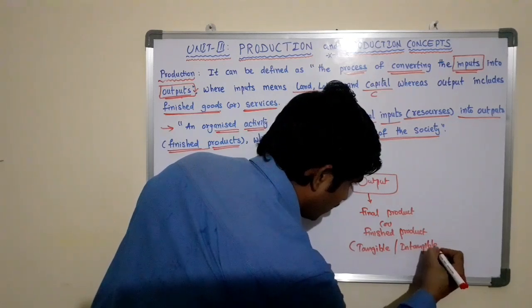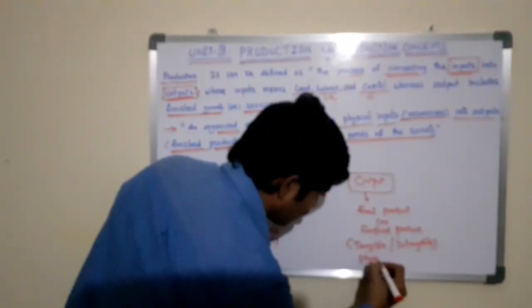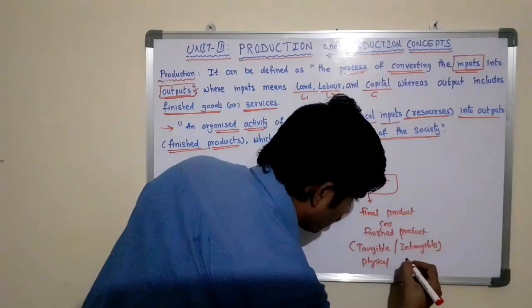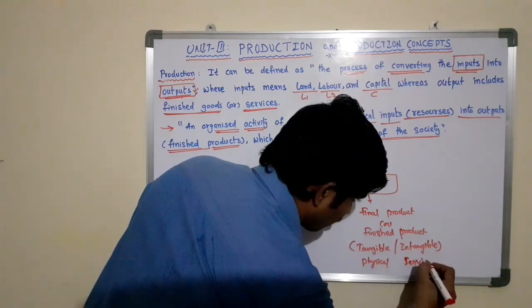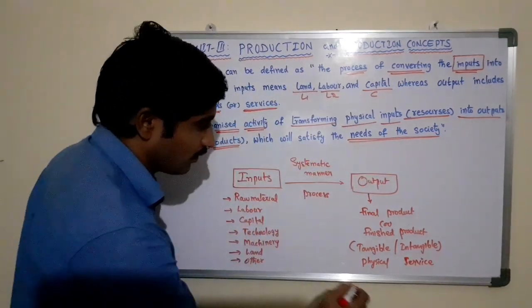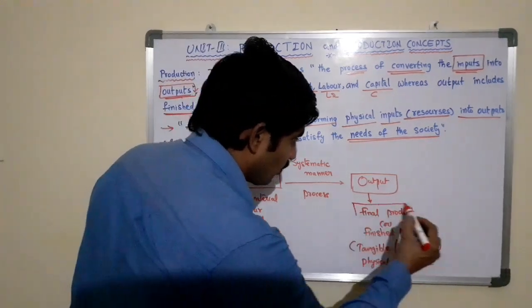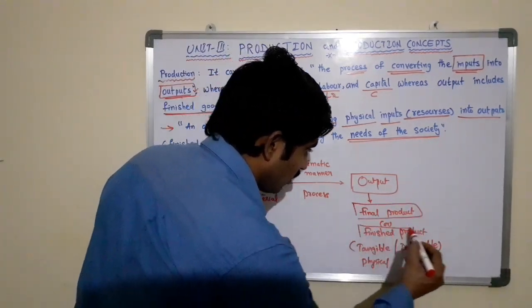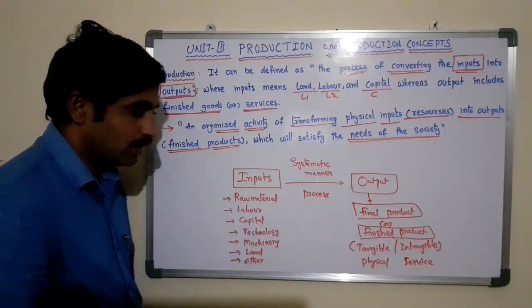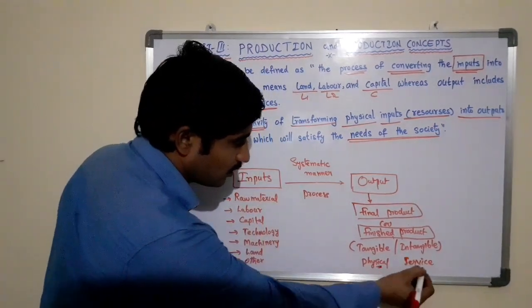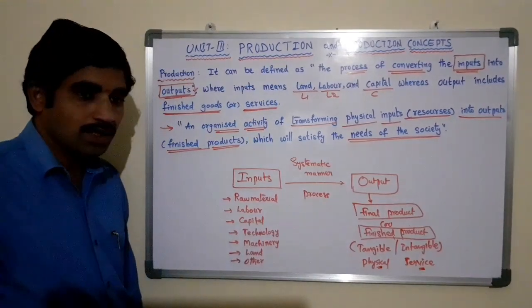Tangible or intangible. Tangible means physical product, and intangible means a kind of service. So the finished product or the final products are tangible or intangible, that is, in the form of physical units or in the form of services.